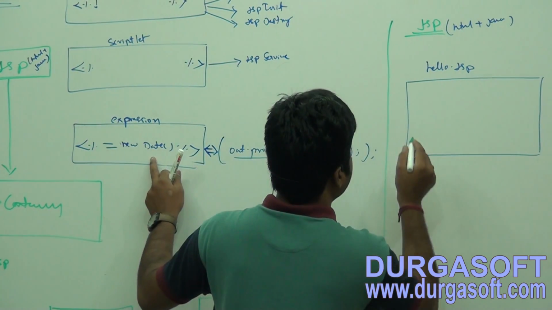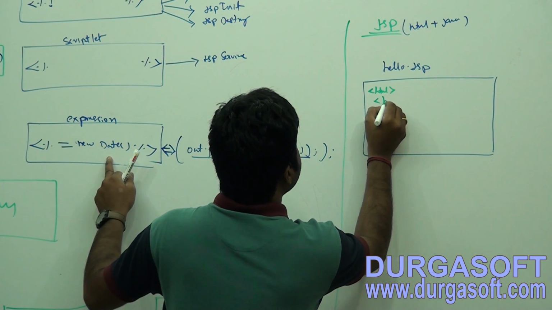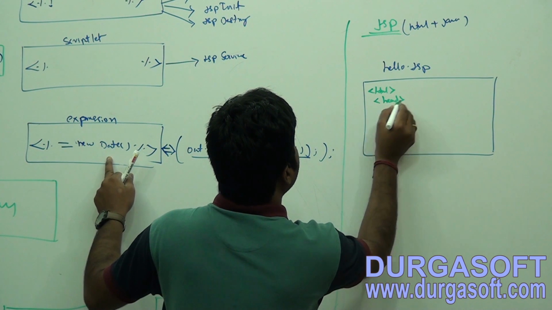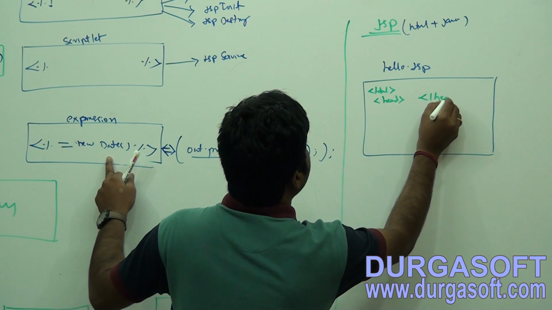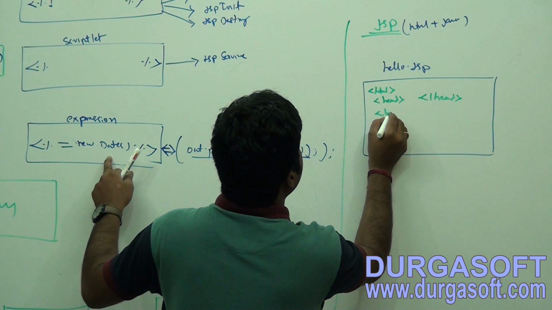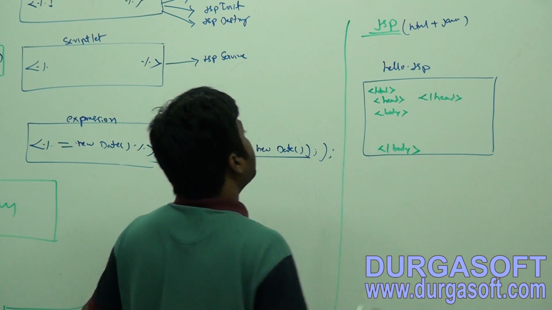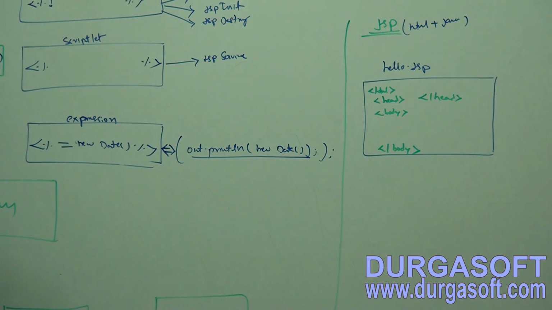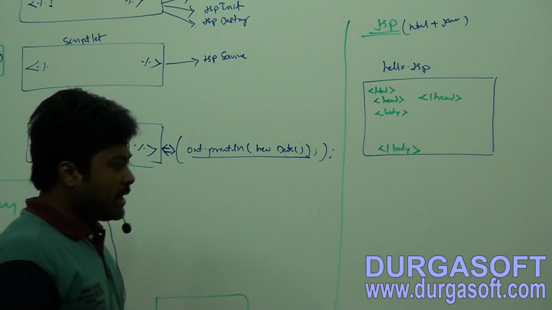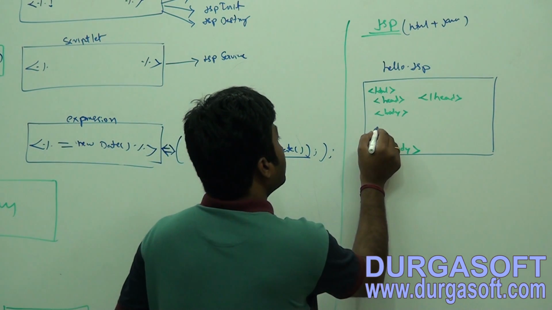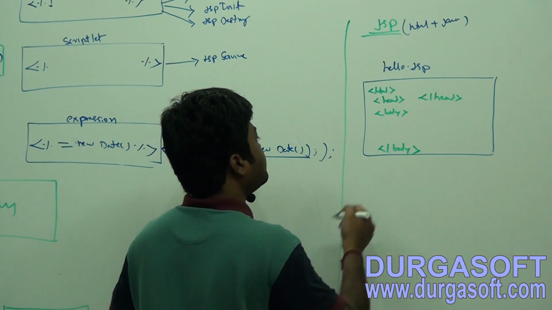Okay, see here. HTML, head, close head, body. So here I have HTML content. Now under body I want to print the current date. Today's date I want to display. So again one HTML content, today date.